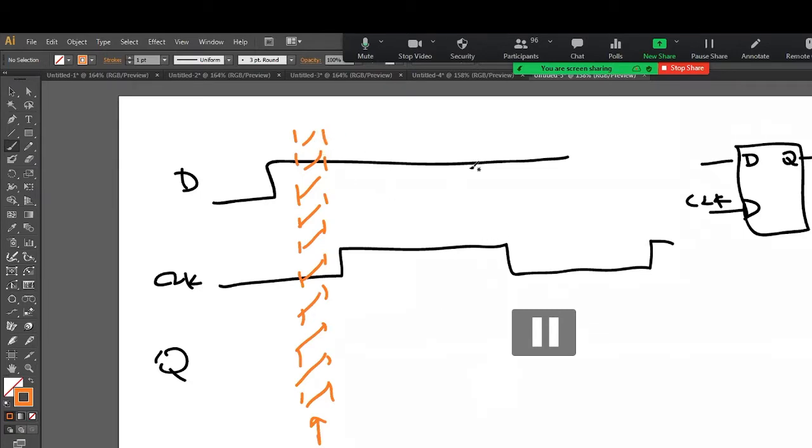So in this case, if I were to draw the hold time, it is from here to here. That's T hold. And T hold in this case would be equal to, say, -3 picoseconds.